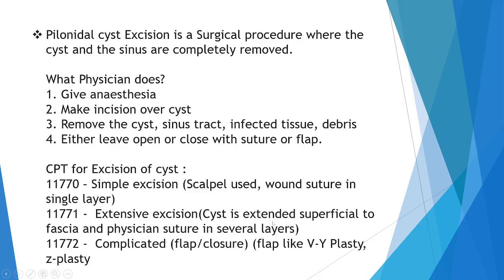Several layers will be there. In the complicated one, 11772, some flap or closure, VY plasty or ZY plasty, has been used. This way we will know which type of excision it is.